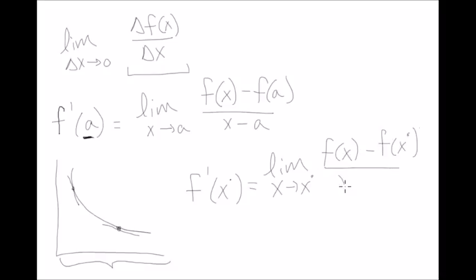But what this lets us do is it lets us think about it in generic terms that could apply to any point x. And for, like I said, for most of the functions you're likely to see in your classes, you're going to be able to come up with a full functional form, a full equation that will tell you the derivative not just at one point, but the derivative of the function at every point in the domain of the original function.